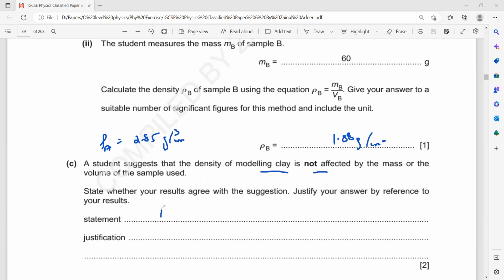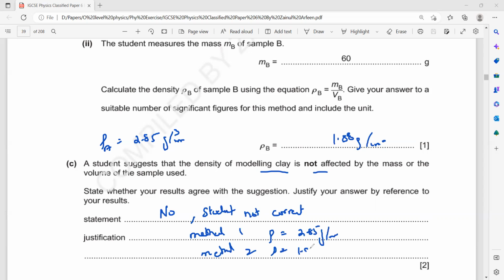So we'll say no. The student suggestion is not correct according to our values. Why? Because in the first experiment, when we used method 1, we got a density of 2.85. But for the same modeling clay, when we used method 2, we got a density of 1.88.